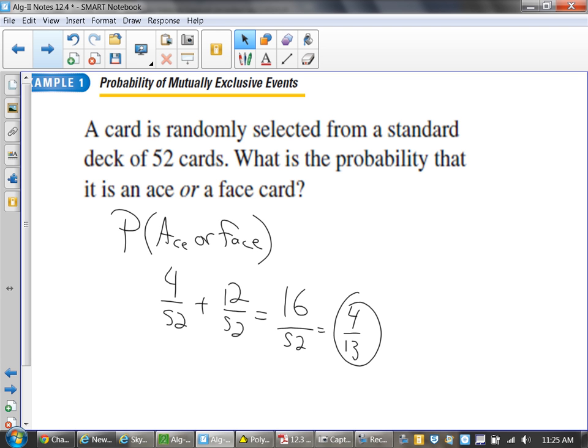I got it, I win. Actually, this is a probability we're working on tomorrow.